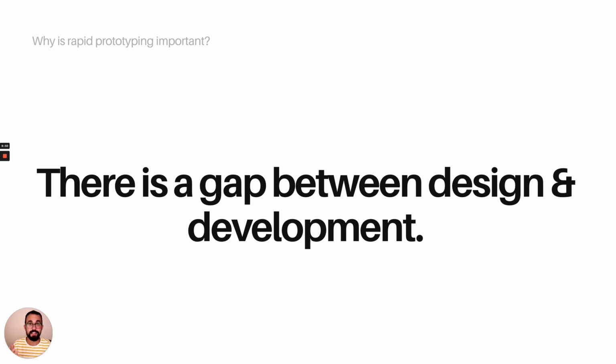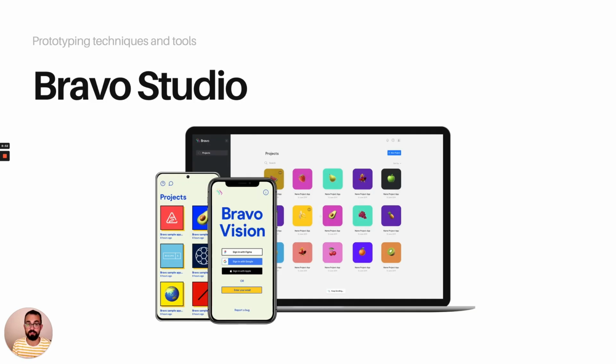So why I like tools like Bravo Studio is that it allows you to turn your designs into native mobile apps without even having to write a line of code. And that's great. I mean, if you know code, even better. But you can take a design in Figma or XD and make it into a real app, use real data, update it.